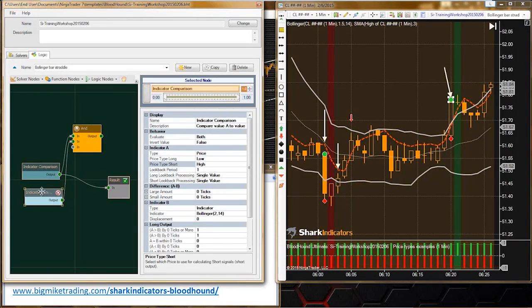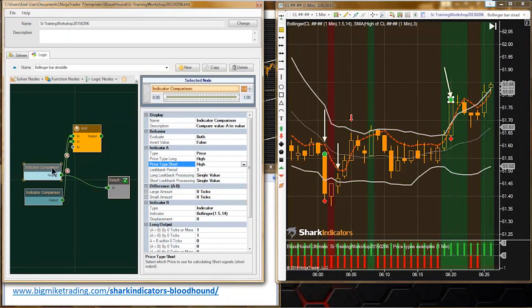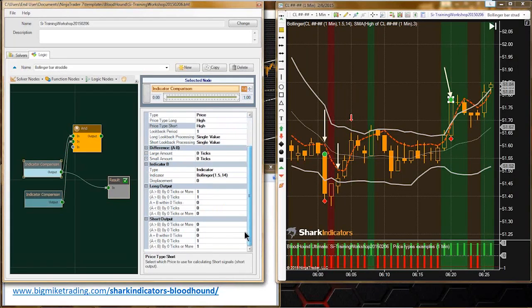I was thinking that the second solver was going to act as the filter for this first solver. However, to restructure these, I'm going to set the first solver up to analyze the high price, and then set the second solver up to look at the low prices here. So let's see what that does.